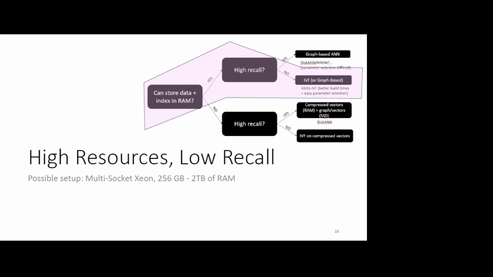Okay, so the next topic is the second pathway. Here we still have high resources, but the recall we don't require too high. So we can consider another method called the IVF, the inverted file system.